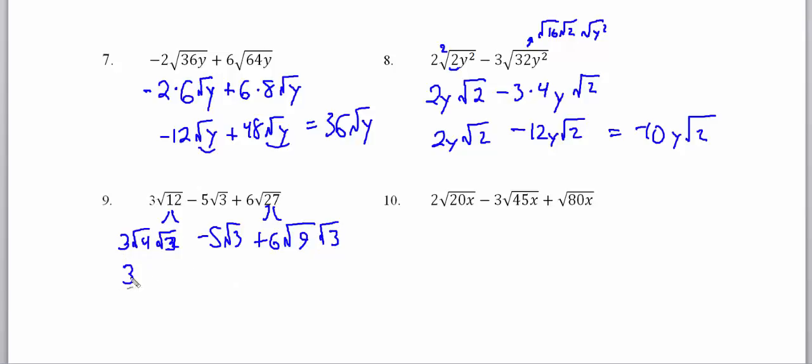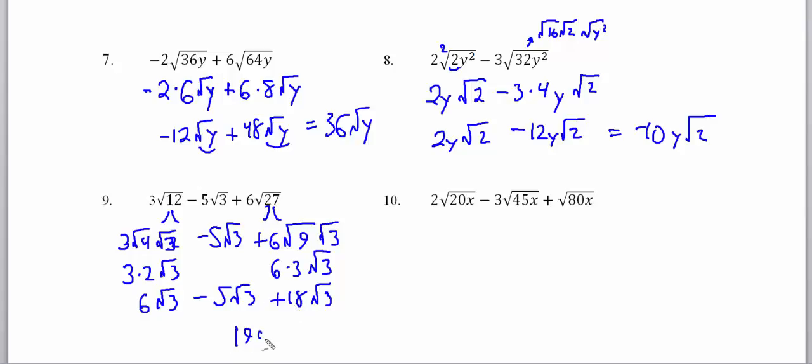So this gives me 3 times 2 times square roots of 3, or 6 square roots of 3, minus 5 square roots of 3. There's nothing to do with this middle term there. And this is 6 times 3 times square root of 3, or plus 18 square roots of 3. So now I have 6 minus 5 plus 18 square roots of 3, or 19 square roots of 3.